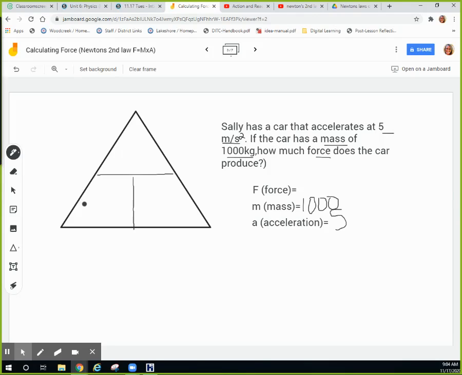So I plug my information into my triangle. I have 1,000 kilograms multiplied by 5. So my force is 5,000 newtons.